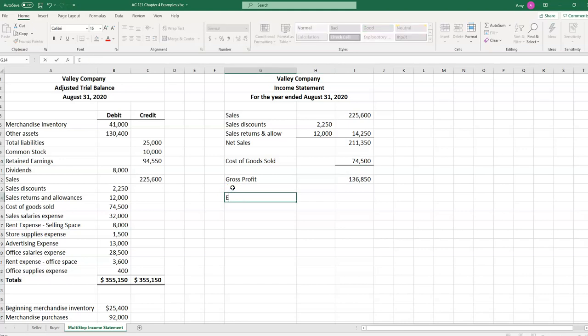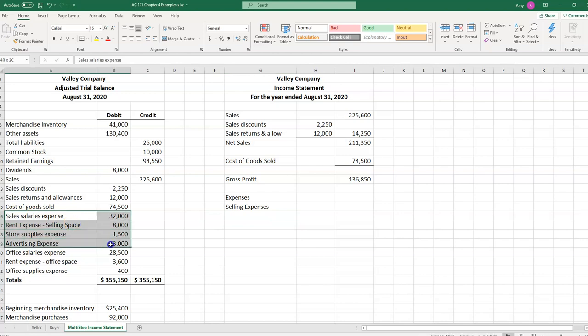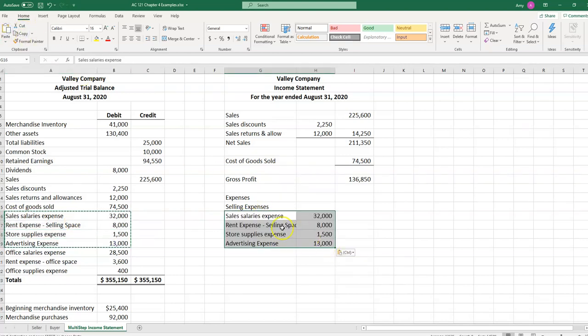Then we list our expenses. We have two categories of expenses. We have selling expenses and we have office or general and administrative expenses. So we have sales salaries, rent expense, selling space, our store supplies, and our advertising expense. These are our four selling expenses.